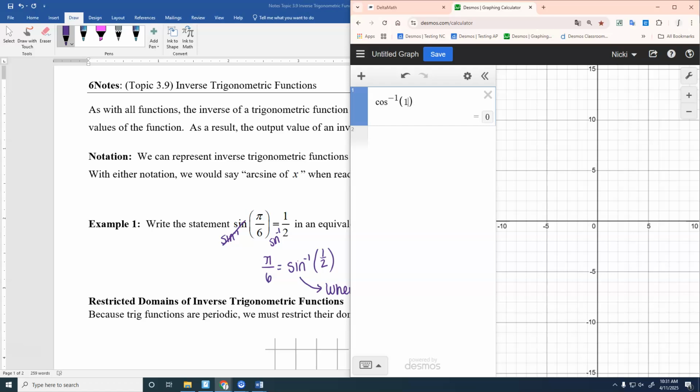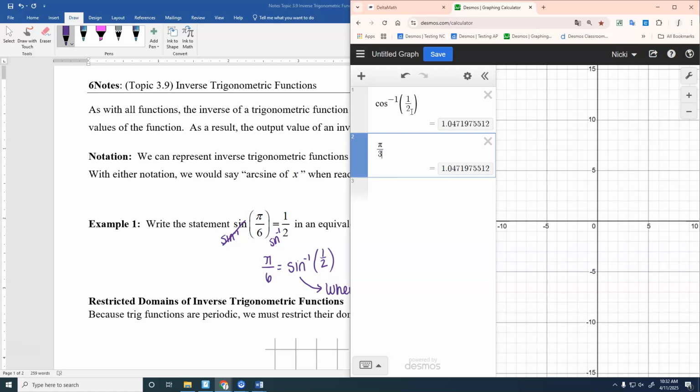If I type in cosine inverse of 1/2, I get 1.047, which is going to be pi over 3, right? When you type inverse cosine into a calculator, it's only going to give you one value.